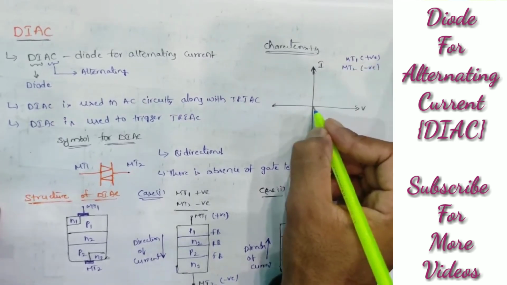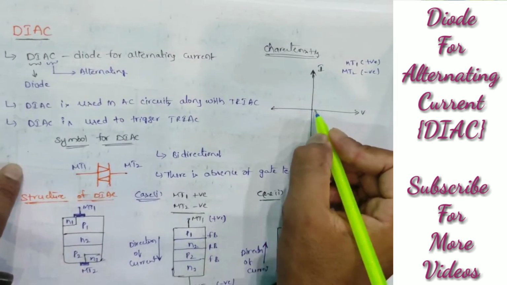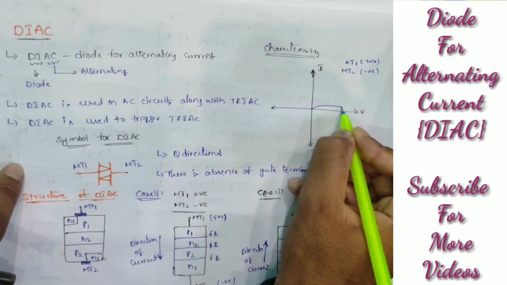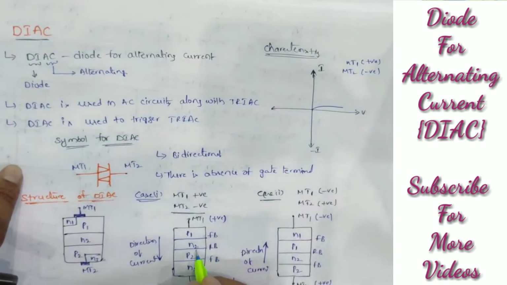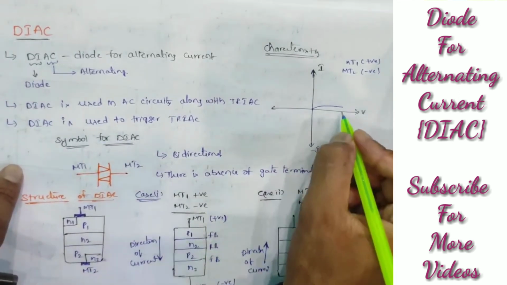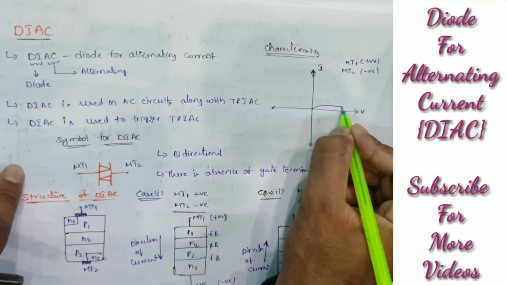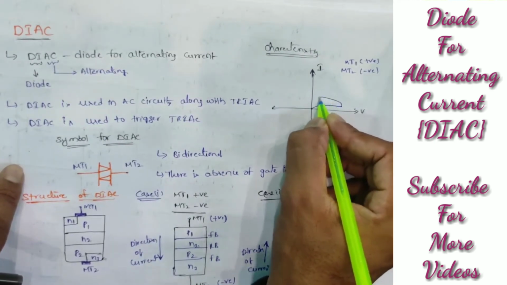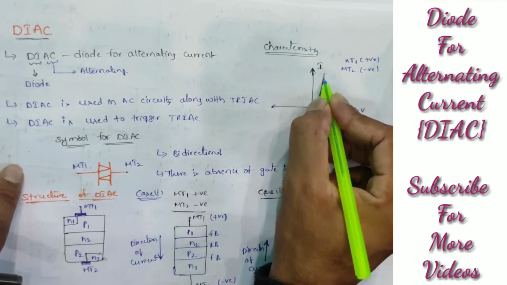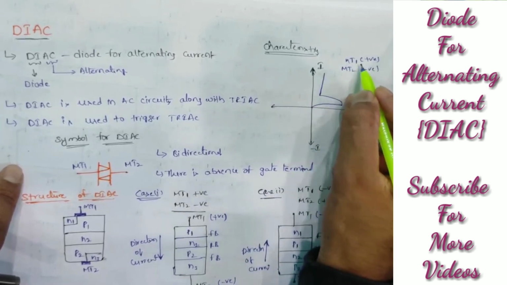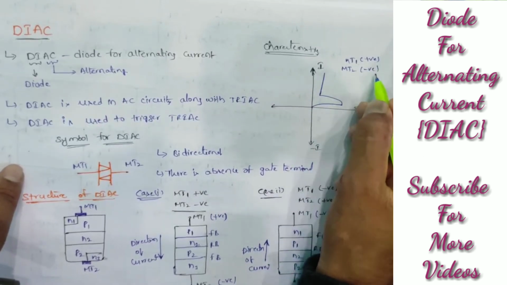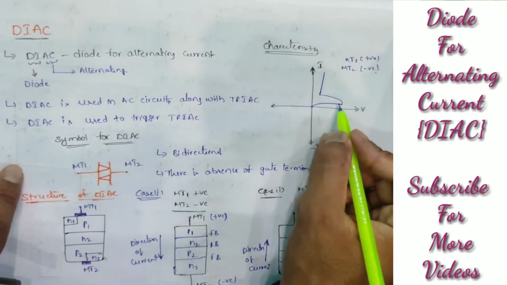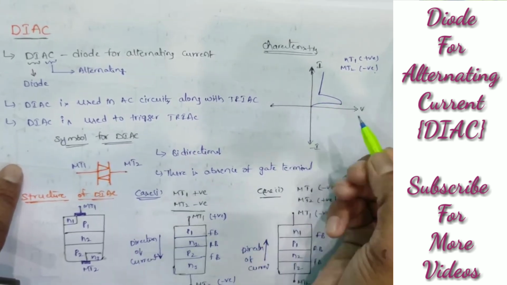Initially the current is very small because the leakage current is flowing in the N2 and P2 because of this reverse bias. After breakdown, the current will be maximum like this. This is MT1 positive with respect to MT2.